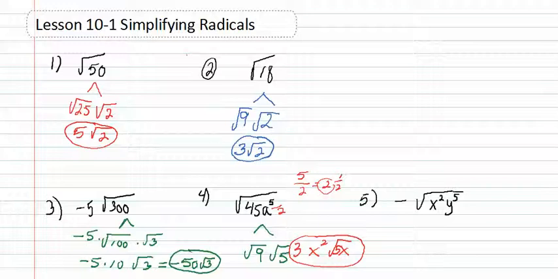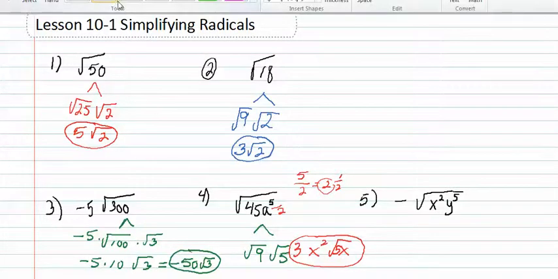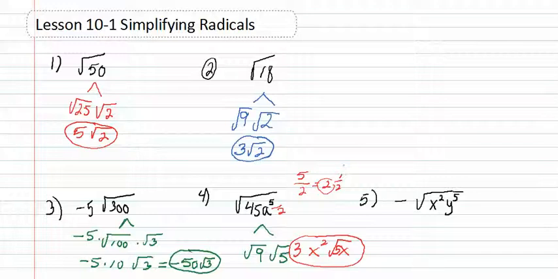Okay, so let's do another one of those. That's a little bit confusing. Now we're going to keep our negative, because it's on the outside of our square root. I'm going to take x squared and divide the exponent 2 by 2. 2 will go into 2 once, so that becomes just the x.